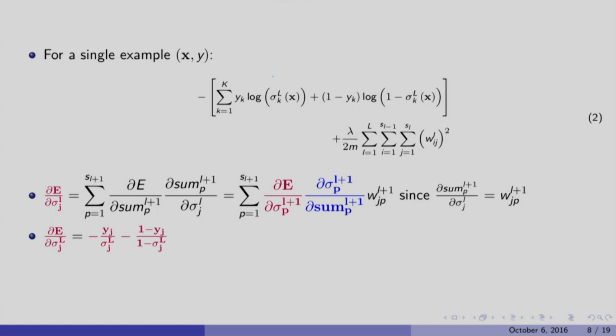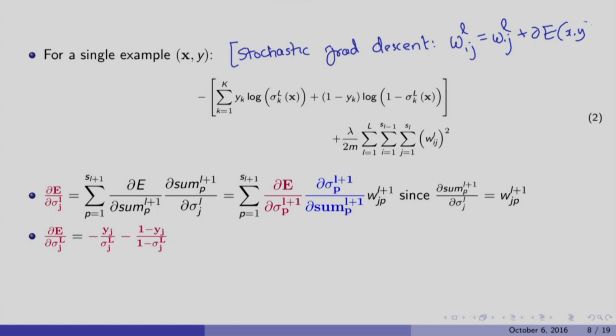So we will consider this for a single example xy. This is basically in the spirit of stochastic gradient descent, where we will update Wij based on the error computed for a single example xy viewed as a function of w's with respect to Wij.